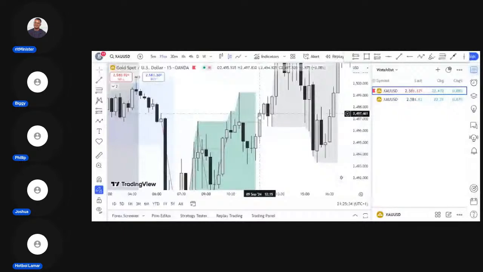So this is the point where I take the entry. I only use the neckline break when I don't have any clear SCOB.